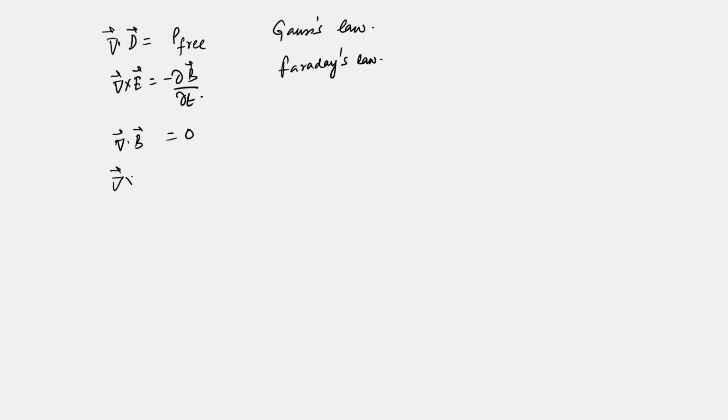And curl of H is equal to J free. You can write this down as curl of B equal to mu 0 J, but they mean the same thing. This has no name, but we can write no monopole, and this is Ampere's law.